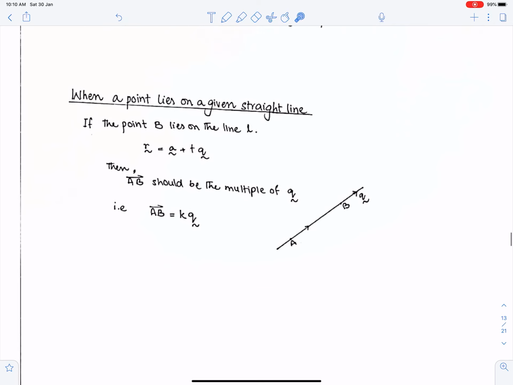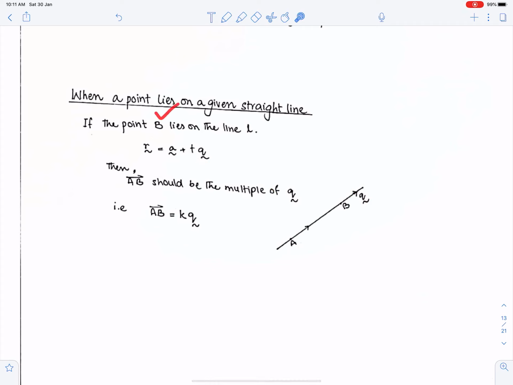When a point lies on a given straight line, if B is unknown and lies on the line, then this vector, this is very important, is the direction vector of the line, and this is the known point of the line.